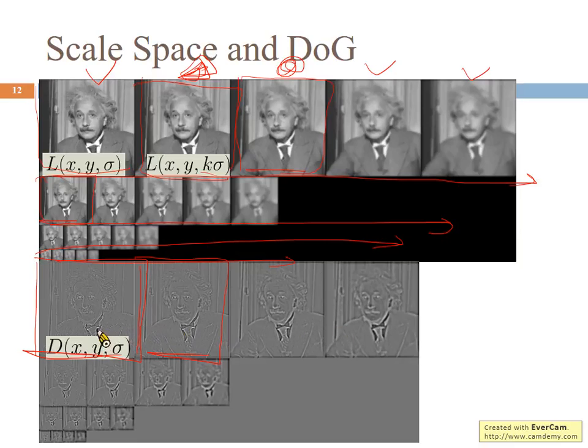For the points that have higher intensity, it means we have a higher difference between two blurred images, and actually such pixels are more important. They are more appropriate to be the key points.